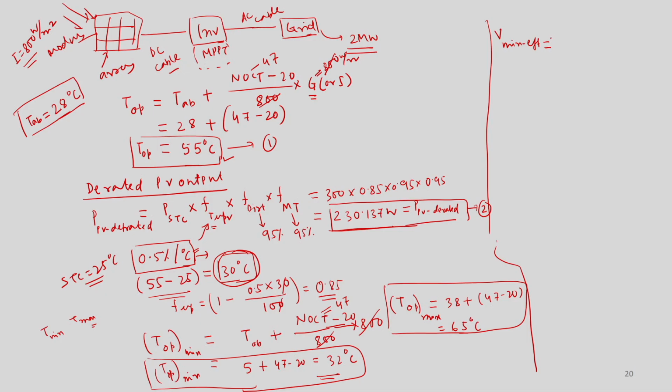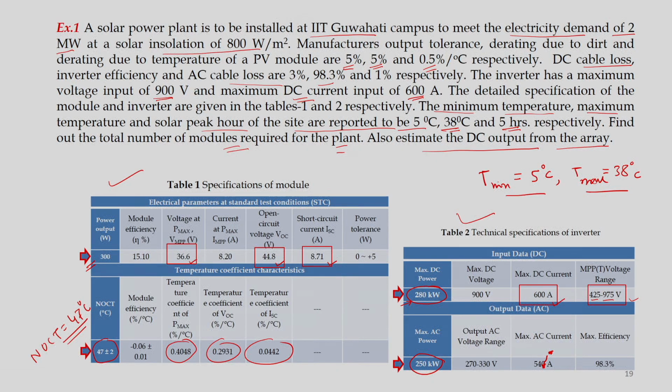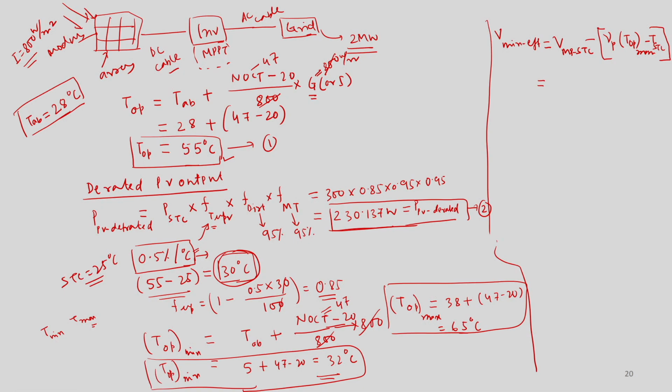We will use this equation: VMP STC minus gamma P, multiplied by T operating max minus T STC. We can substitute the values. VMP STC, you can go back to the last slides, is something like 36.6. This value is required to calculate V minimum effective.